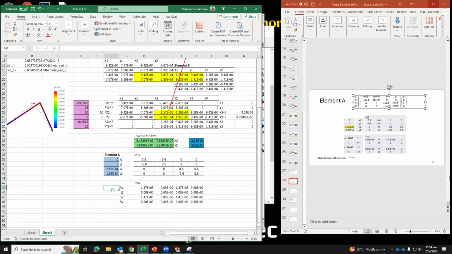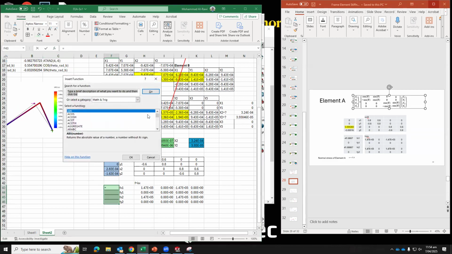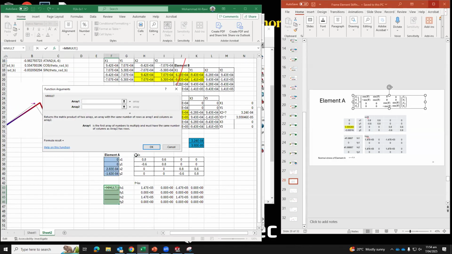Now we create the fx value here, another table, give it another nice light color. I'll make the table for that. Function, we use the same function, math and tricks. Where's the M? So the first one, what will be? The first values will be the one we just determined here.